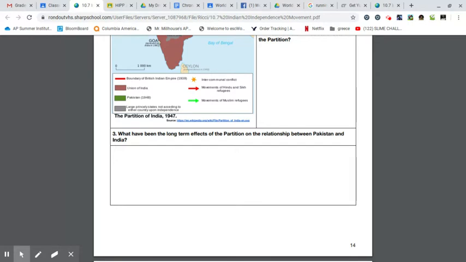Again, the focus this week is on India, and how after hundreds of years under the control of the British Empire, they're finally going to win their independence. You will note along the way that there are some very steep religious differences in India between Muslims and Hindus.